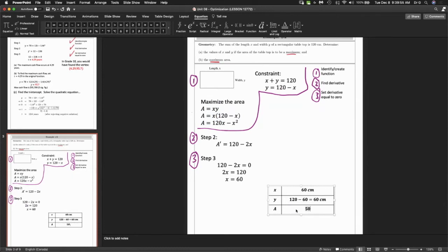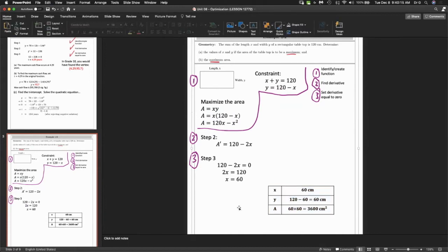So that's 60 times 60, which equals 3600 centimeters squared. And there you have it, my friends. There's an optimization question, another one that you would have done back in the day in grade 10 or grade 11 maybe, and you would have had a good old time doing those.